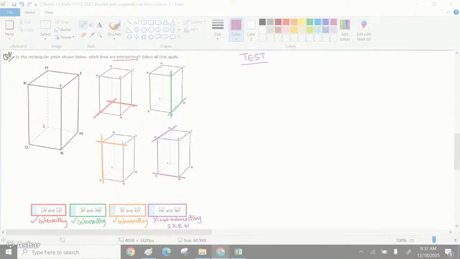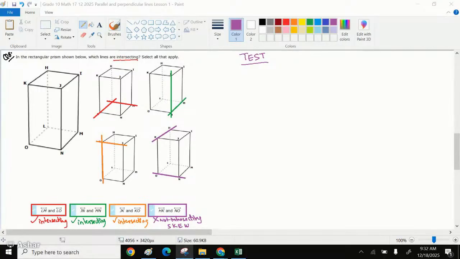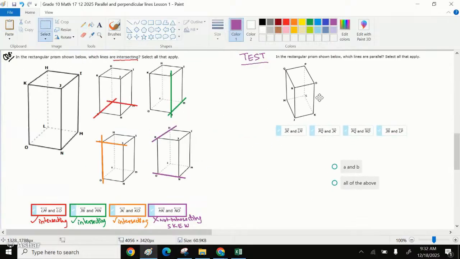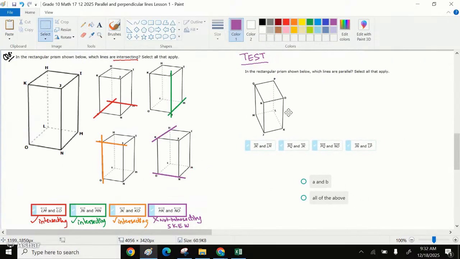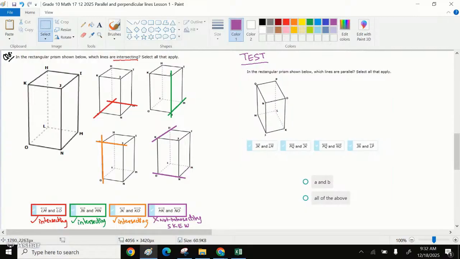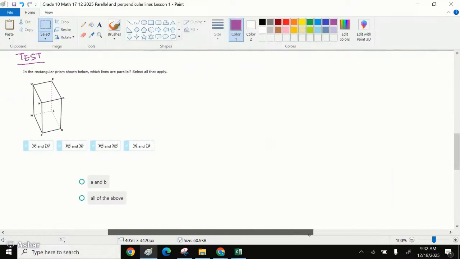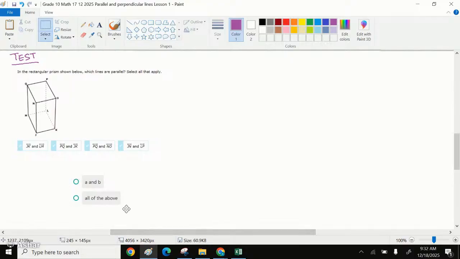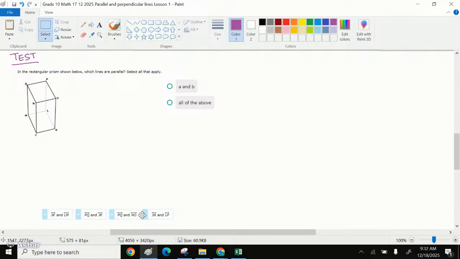In the rectangular prism, show that which of the lines are parallel. Okay. The first question from the test is this, and they're asking which options would be the correct options. Okay, let's keep it on the side. Let's bring it down.